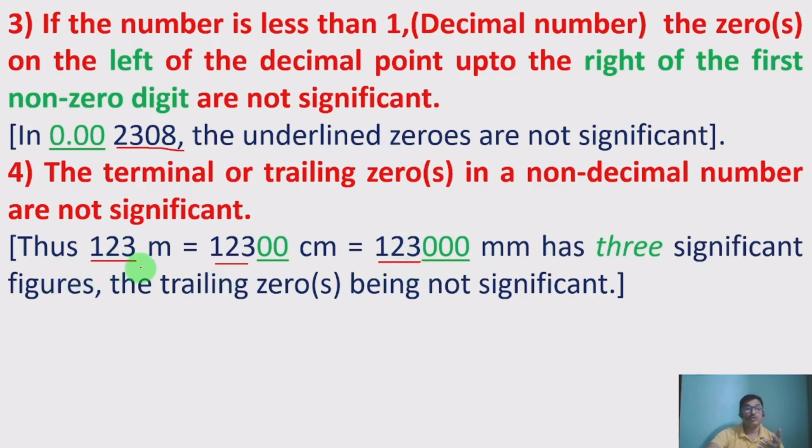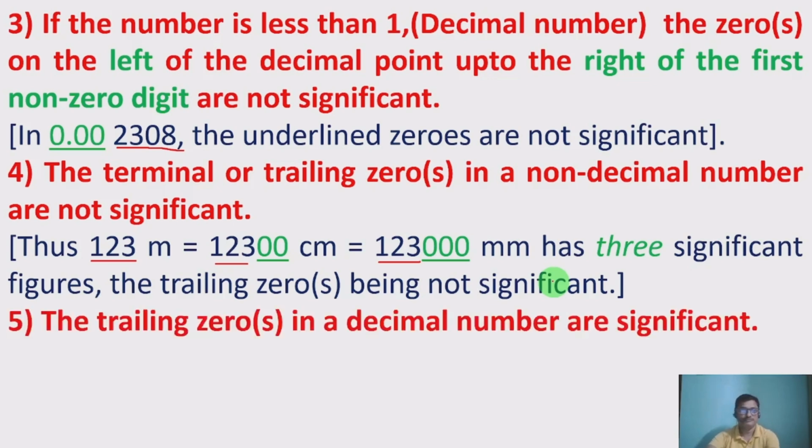In the first one, 123 meter, all three are significant. Here also it should be three only, and here also three significant figures only. Therefore, with three significant figures, the trailing zeros are not significant, from the first observation. And the fourth rule says that trailing zeros in a non-decimal number are not significant.